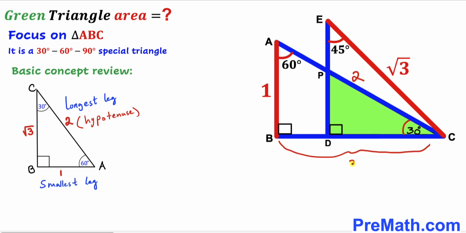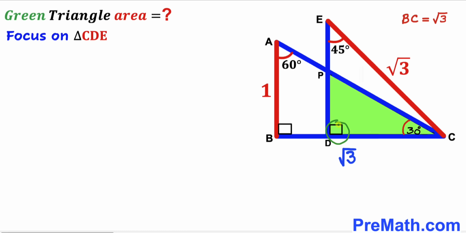Now we are going to focus on this other right triangle CDE. We know this angle is 90 degrees, and this is 45 degrees. So this whole angle has got to be 45 degrees.